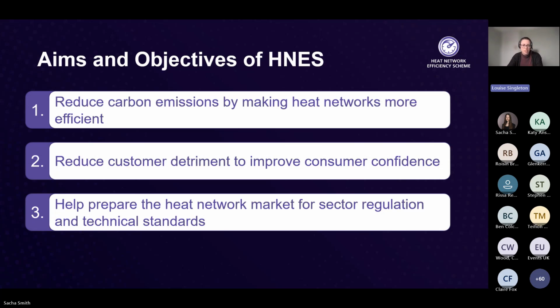Particularly over the last few years, where we've had a rise in energy bills, the government's focus is really on making sure that particularly those customers that are on low incomes or are in extra care homes, that really can't afford to pay for their bills anyway, aren't being adversely affected by being on an inefficient network and therefore having to pay more for heat that is just escaping out into the atmosphere. So we're really keen to make sure that we're supporting those customers that can't afford to heat their homes anyway.